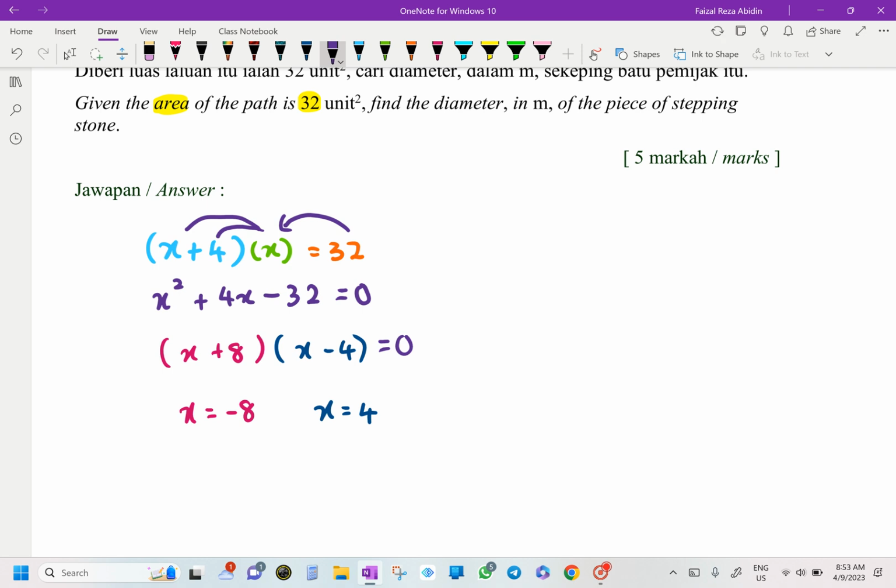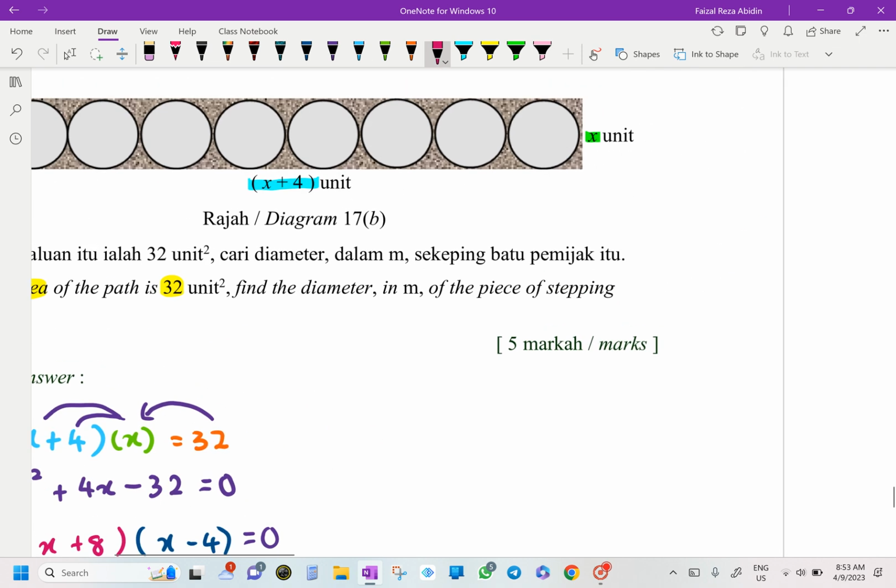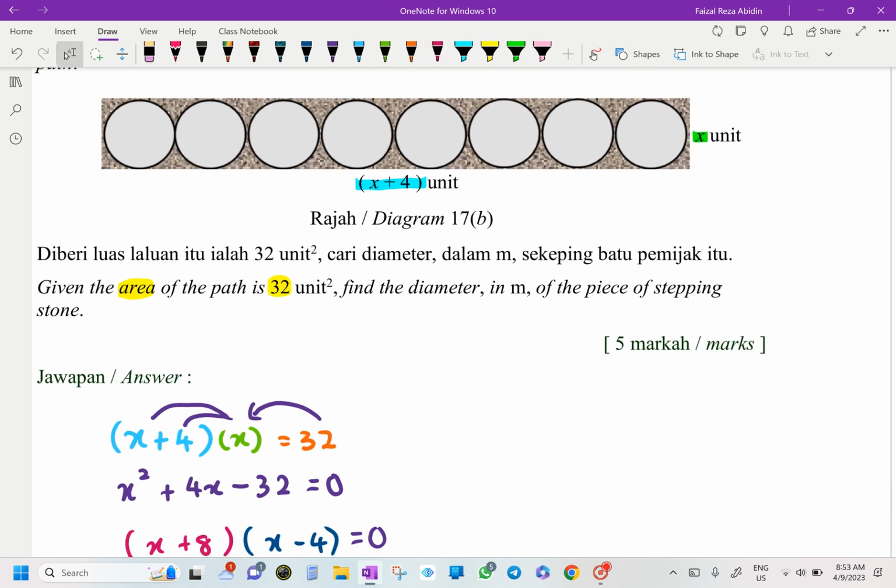The question, you are using which one? Find the diameter. This one ignore. Why ignore? Okay, so now you have your x. Which one is going to be our x? So you have already the answer. Girls, the question is asking for what?